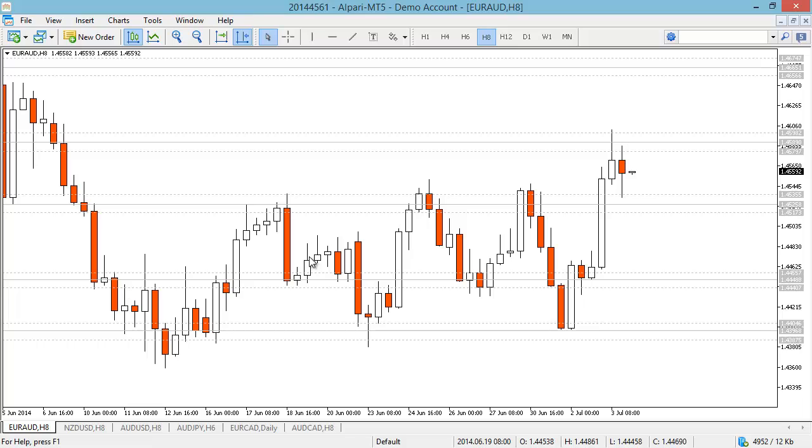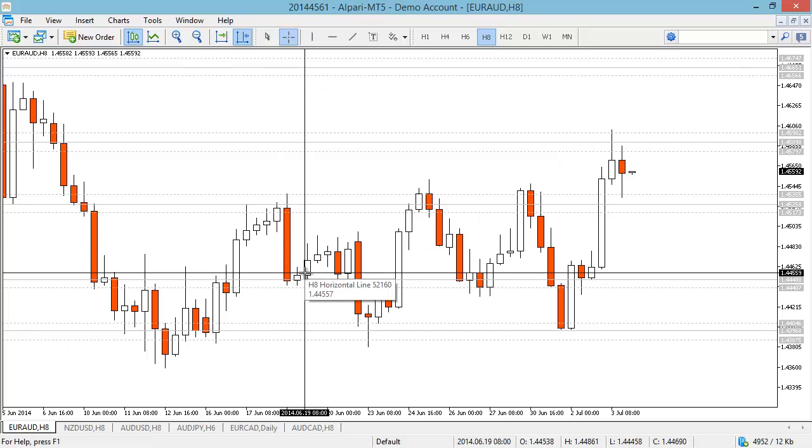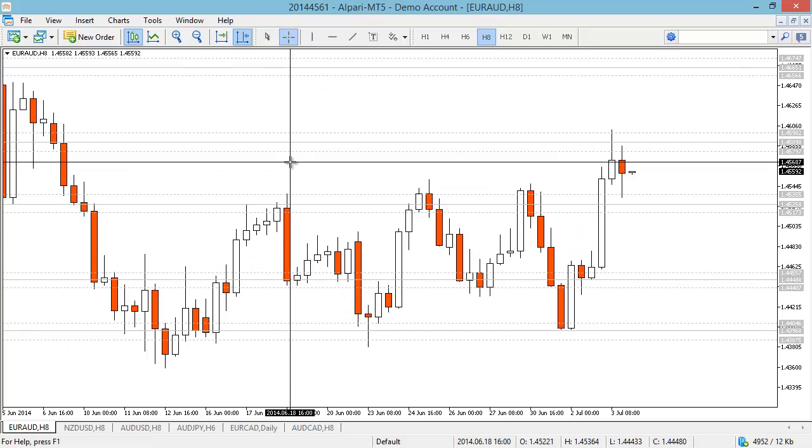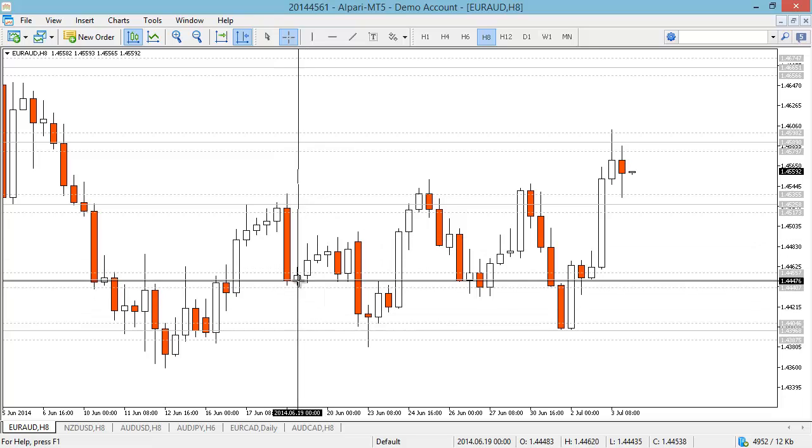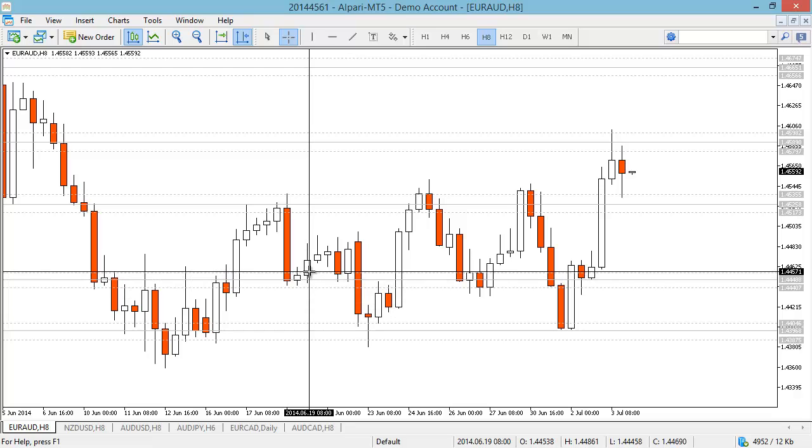JT, no, that's definitely not what I'm saying. I'm saying a setup is at its strongest when it forms on the center of your support resistance area. If it forms away from the center, then you have to look at the risk reward ratio to see if it's still a valid setup.